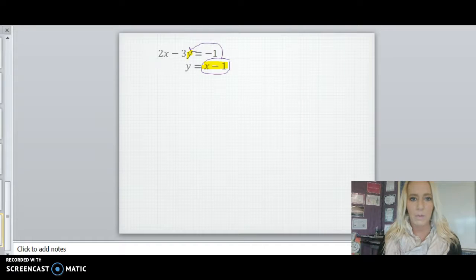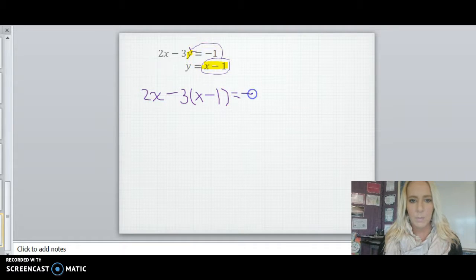So I'm going to rewrite my equation as 2x minus 3, and I'm going to replace y with x minus 1, which is equal to negative 1.